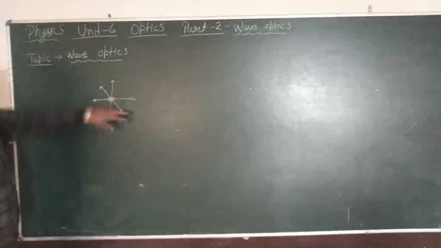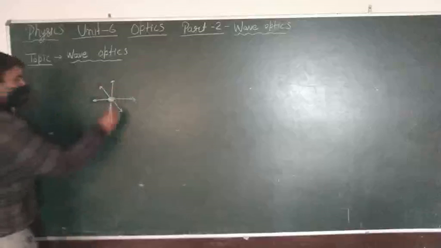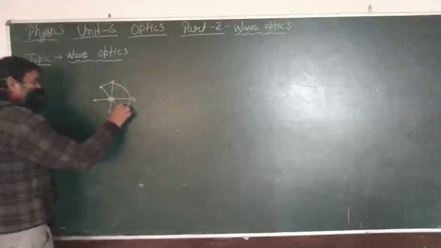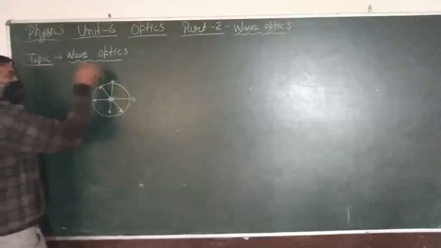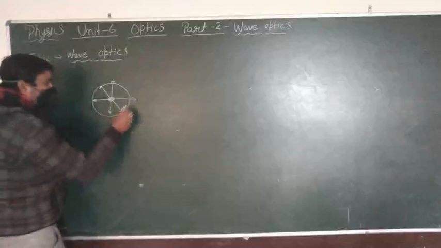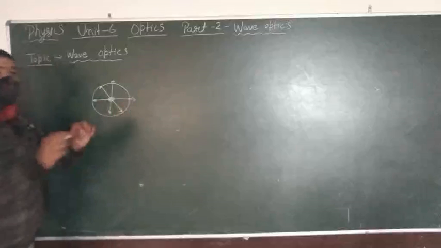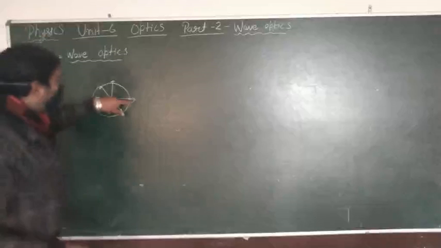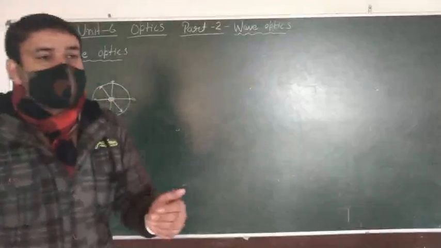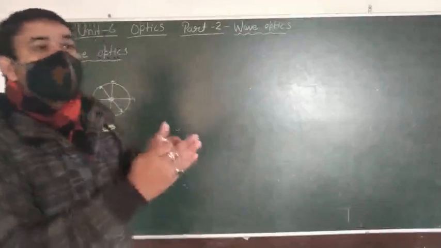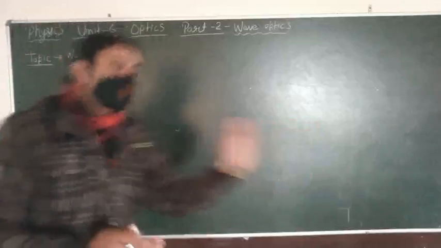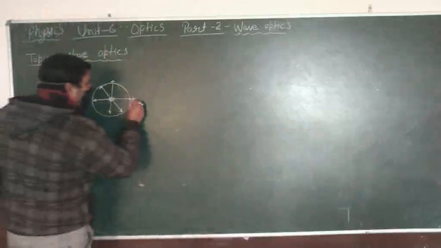And when we join all these points, we get a sphere. According to his theory, all consecutive points used to form this sphere behave like wavelets, which means every point is able to regenerate the wave in the same direction as it was traveling earlier.